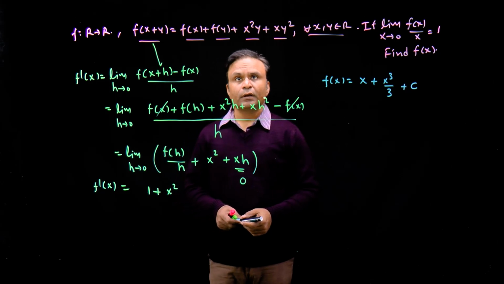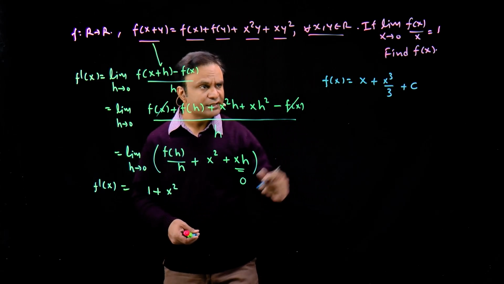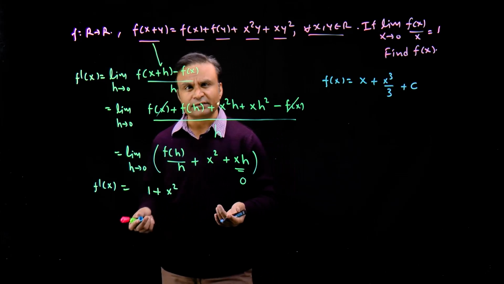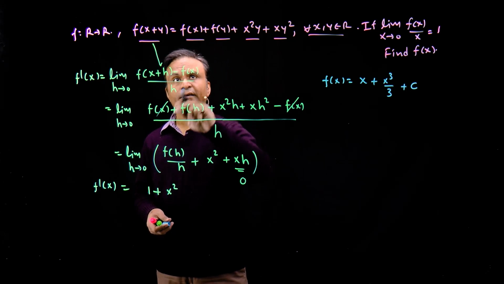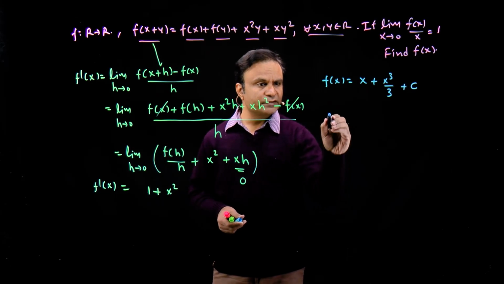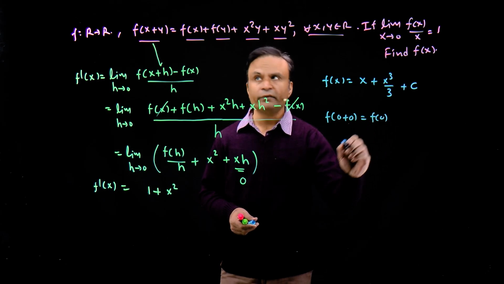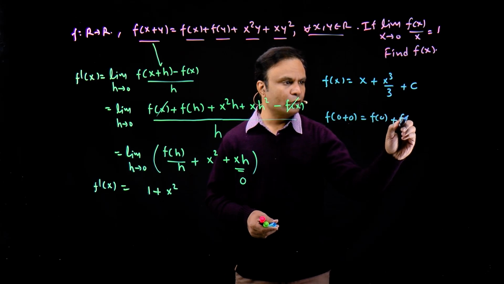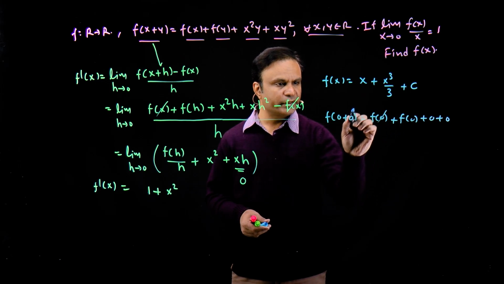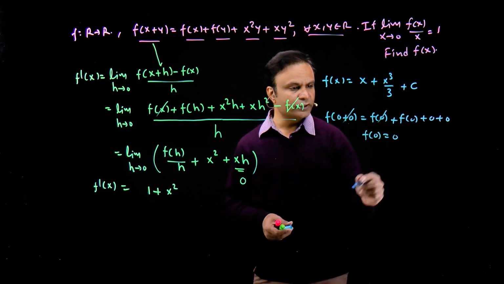Okay. Now to get the value of c, I must have the value of the function f(x) at some point, and the simple point is x equal to 0, which we can get by this mother equation. In this we put x = y = 0, so we get f(0 + 0) = f(0) + f(0) + 0 + 0. f(0) gets cancelled out, so we get f(0) = 0.